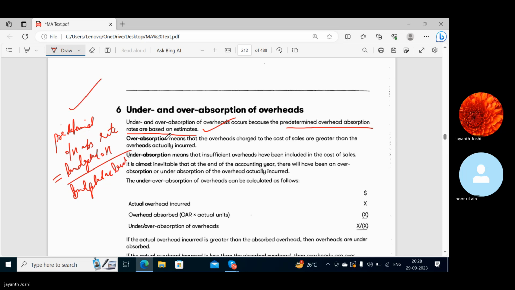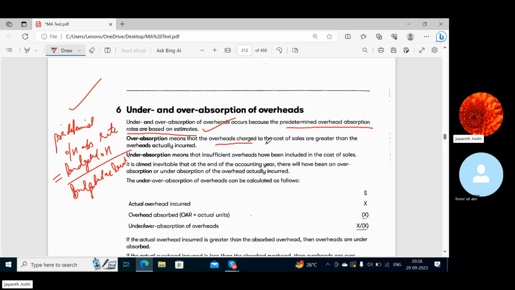Now, what overheads you incur in actuality is what is happening actually, but what you estimate is your estimation, right? So over absorption means what?